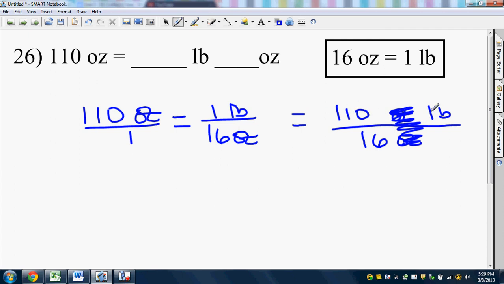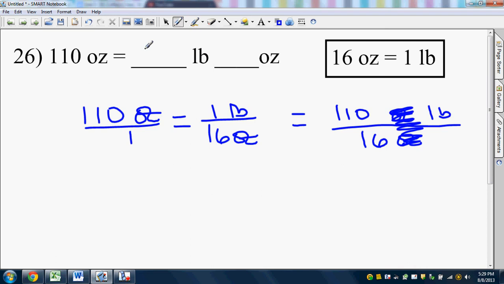And so now I have 110 pounds over 16. Well, I need to fix that. So what I'm going to do is divide 110 by 16. I'm just doing that on a calculator to save some time. And I end up with 6.875.